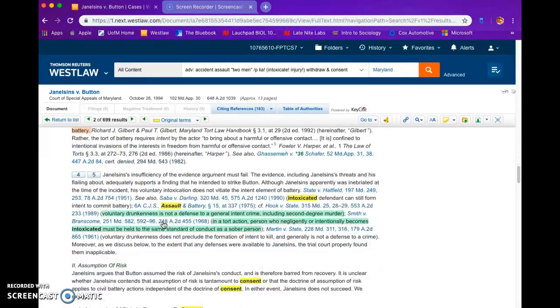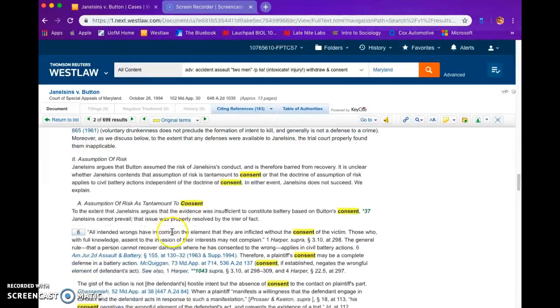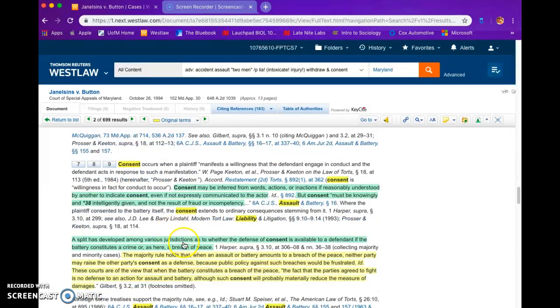But just looking at this, consent occurs when a plaintiff manifests a willingness that the defendant engage in conduct and the defendant acts in response to such manifestation. Consent may be inferred from words, actions, or inactions, if reasonably understood by another to indicate consent, even if not expressly communicated to the actor.